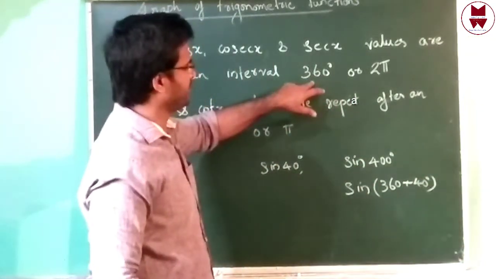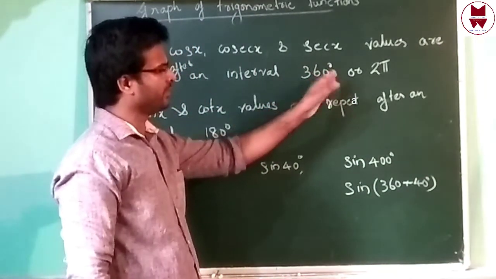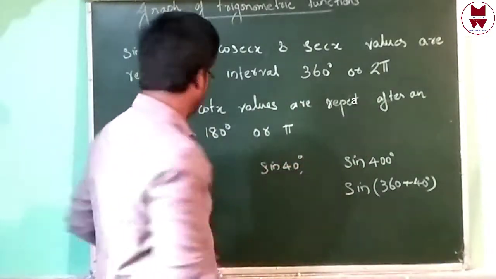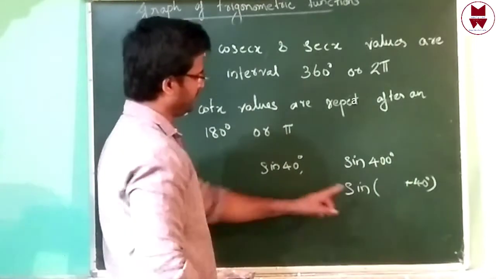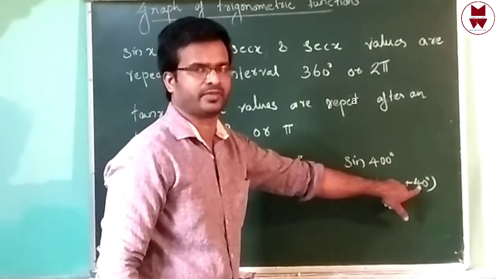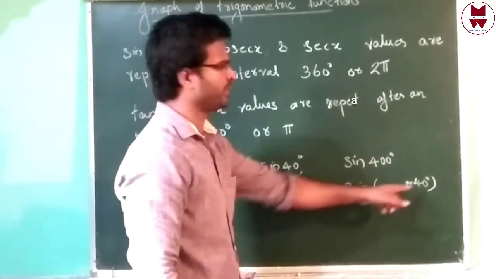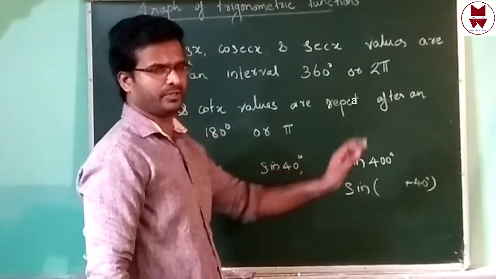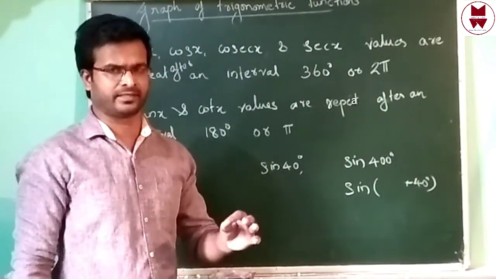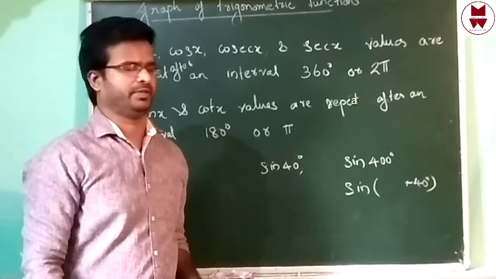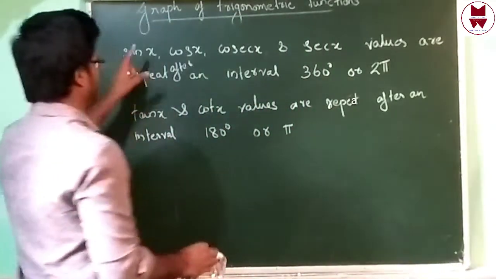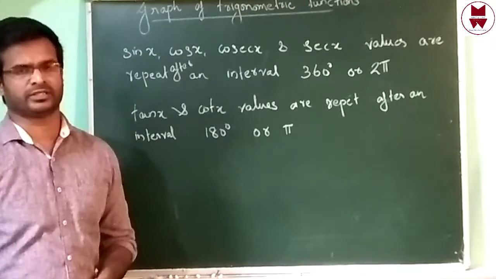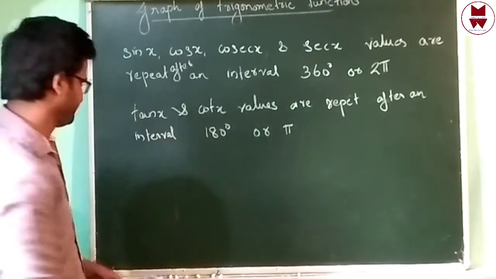Already we mentioned here that after 360 degree the values will repeat, isn't it? That means this 360 no need to write. Then what will you get? Sin 40. Sin 400 we can write as sin 40 only, the same value, because after 360 degree the values will repeat. Write these 2 properly in your notebook, and the 3 graphs.